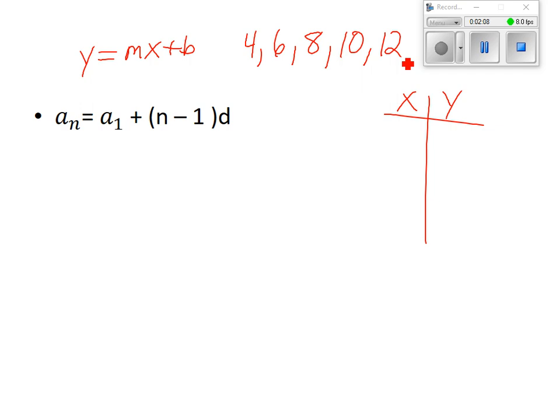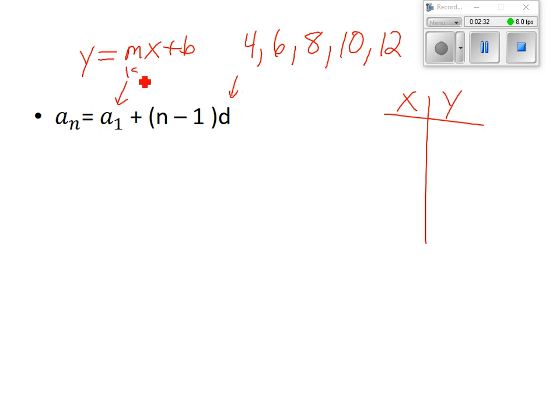But this is where you should have started. All you're going to do with this sequence is plug in here, plug in here, and it's going to give you an equation for that pattern. So we can find any number in that pattern. We could find the 1,000th number in that pattern. That's all it does. All right?